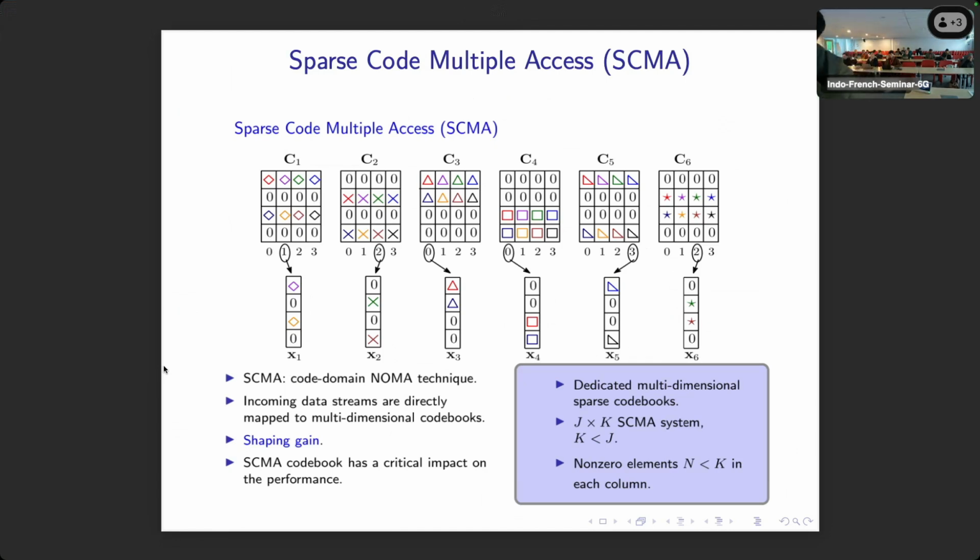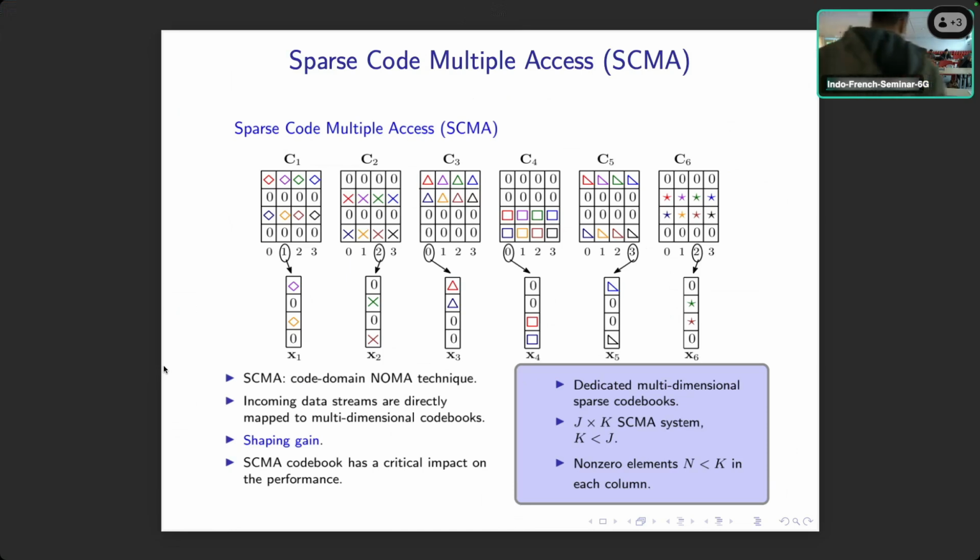If user 2 decides to send 2, we select this column. Similarly, we take out the columns from every code book and we add them up. This is known as superposition coding, and that is transmitted over the channel. The job of the multi-user detector is to detect the individual code words from the sum vector. The specialty is that every code word is a vector code word.